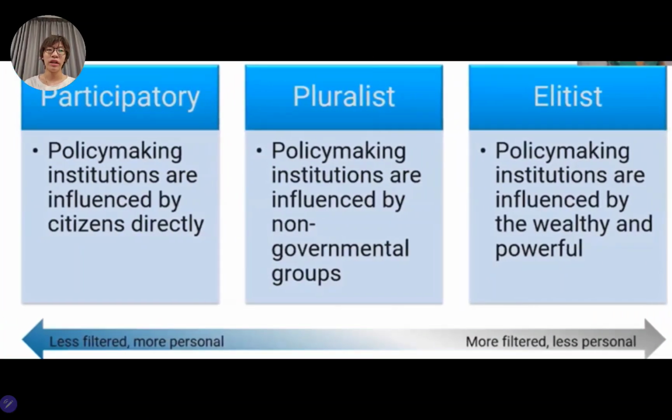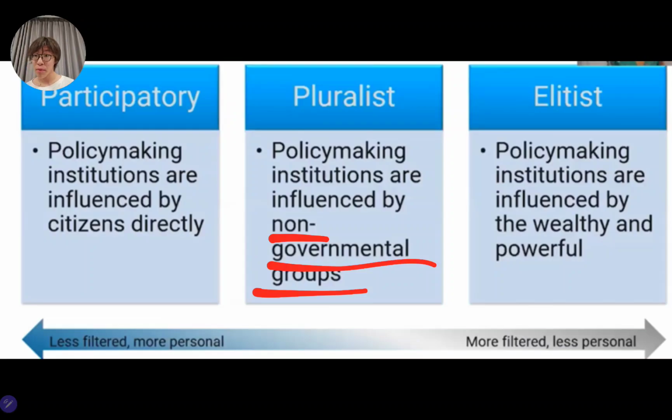Then we have the pluralists. These are the policy-making institutions that are influenced by non-governmental groups. This is more or less part of Congress, and it's the lawmaking process that requires compromise. Mainly because, you know how Congress works nowadays. In fact, almost no one in Congress works together nowadays, at least from different parties.